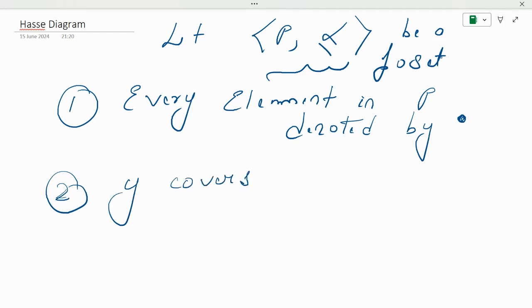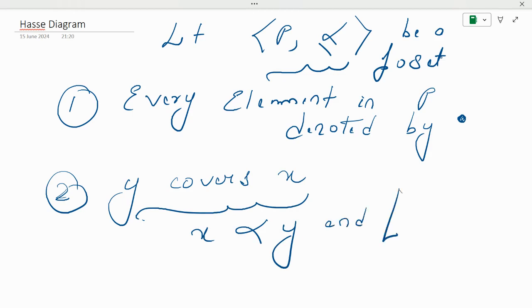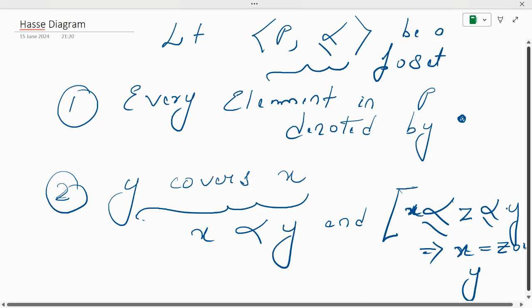Now already we have discussed that y covers x means x is associated to y, and if x has a partially ordered relation with some z, and z has a partially ordered relationship with y, it implies that either x is equal to z, or y is equal to z.